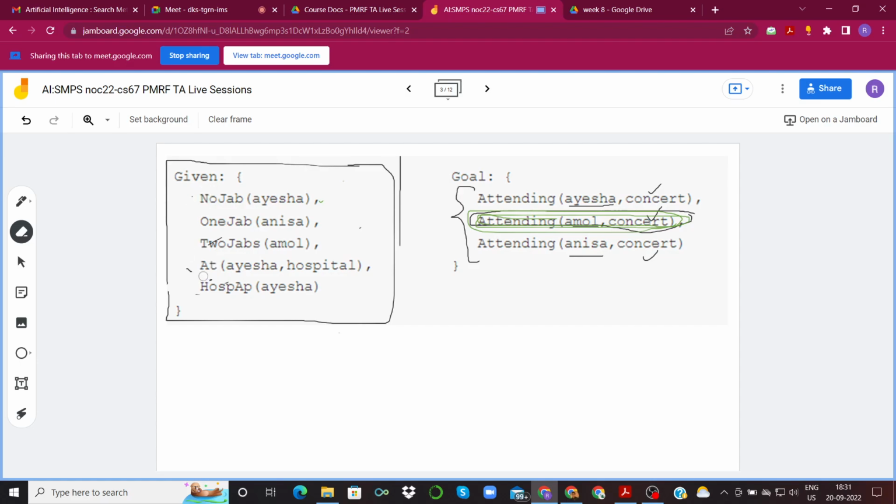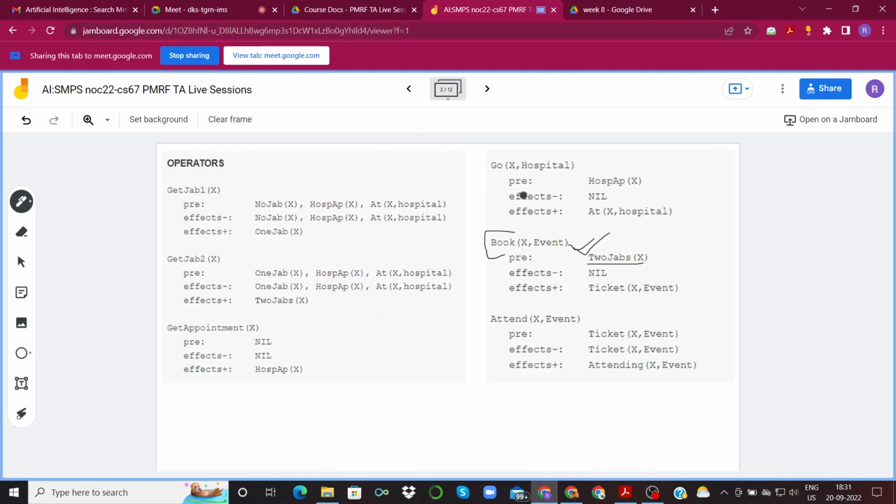Remember that this question is specific only for Amol, not for Aisha, not for Anisa. So we'll look at only the information given to us about Amol, and the only information given to us is that Amol has 2 shots of vaccine. That is the only information given to us in the initial state.